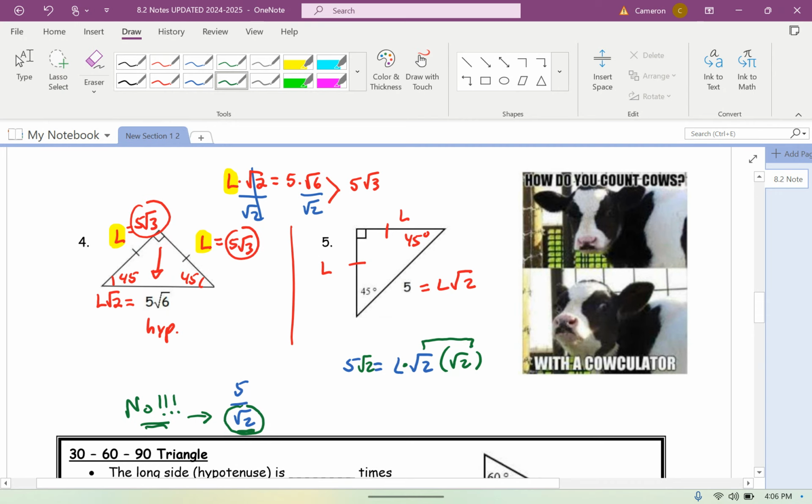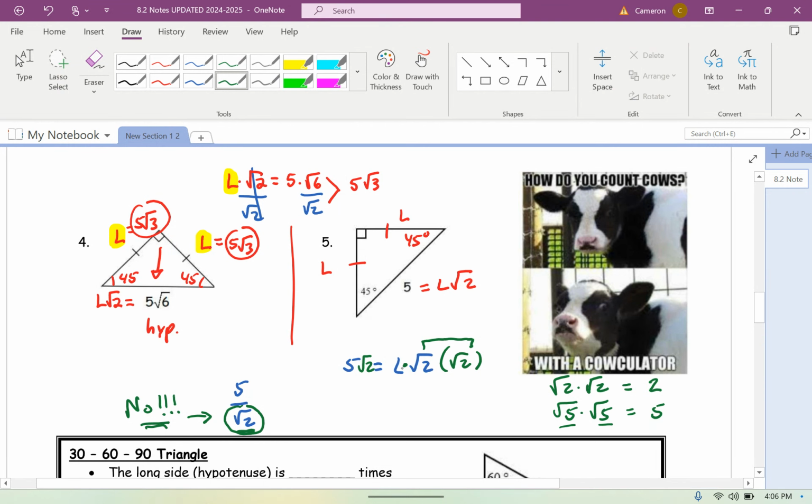Anytime you multiply a radical by itself, it ends up coming out to the exact same number without the radical. So for example, rad 2 times rad 2 is rad 4, but that's just 2. Try it with a different number. Rad 5 times rad 5 would be rad 25, but rad 25 is just 5. So when I multiply a radical by itself, the radical goes away.